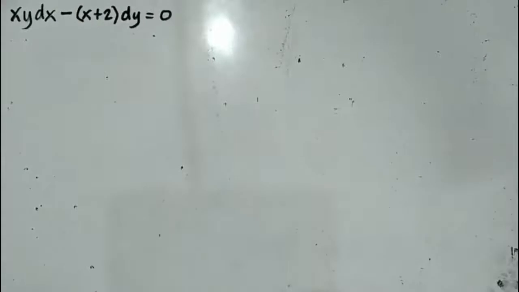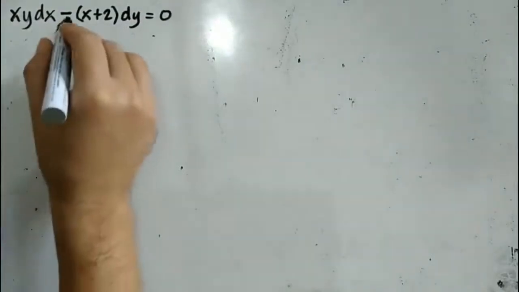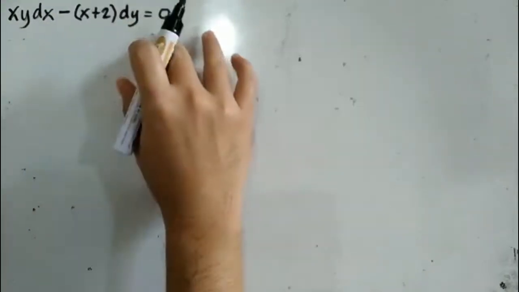Another example is xy dx minus x plus 2 dy equals 0. In this example, we will apply, as you will see, another technique for integration, which is to resolve the integrand into its partial fractions before integrating. So the first step is we can transpose the second term to the right.